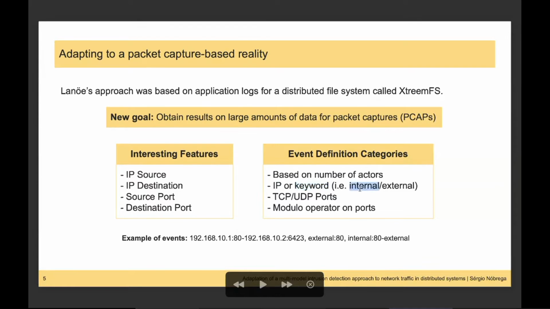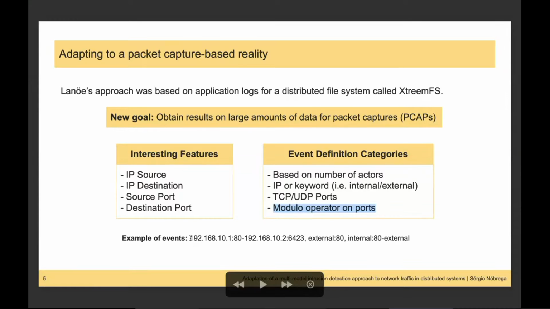So we know that an event is internal or external, or use the IP. Then the TCP UDP ports. And here we can have the port itself, or we can have just the special ports defined by the IANA. And then we can also apply a modulo operator on the ports in order to have a reduced number of events at the end.